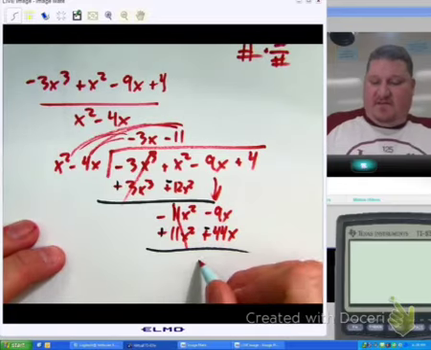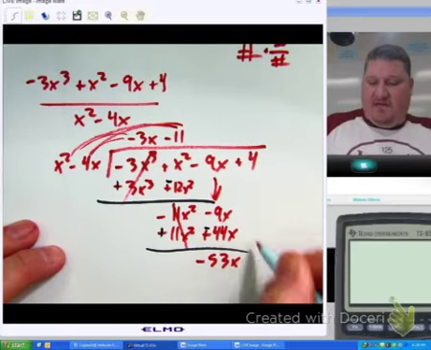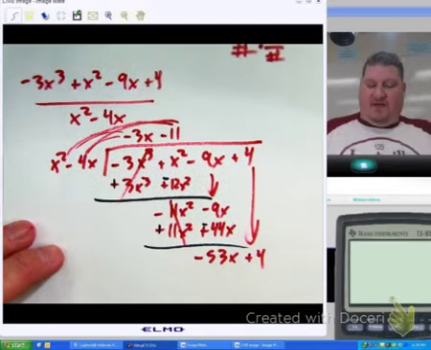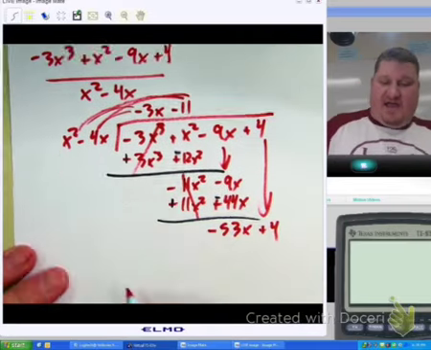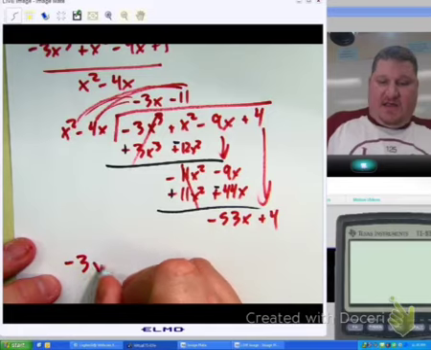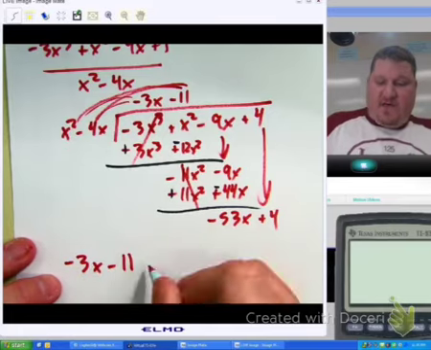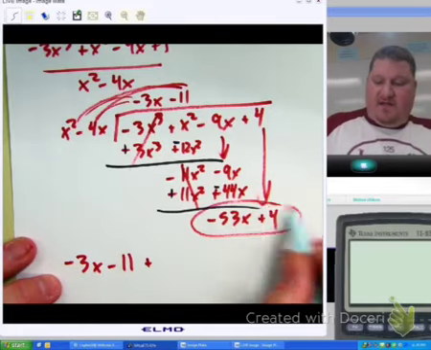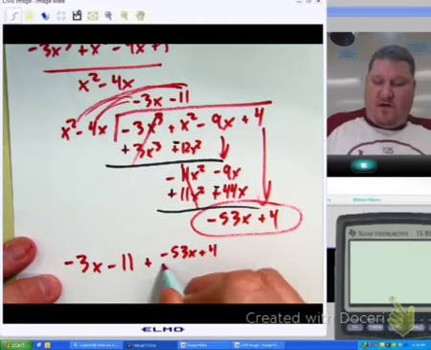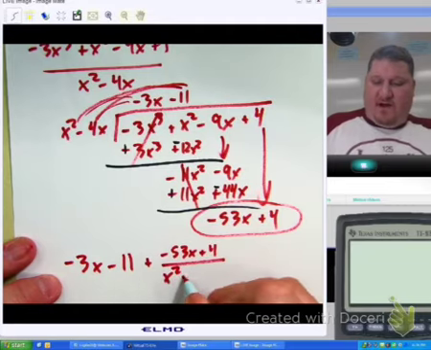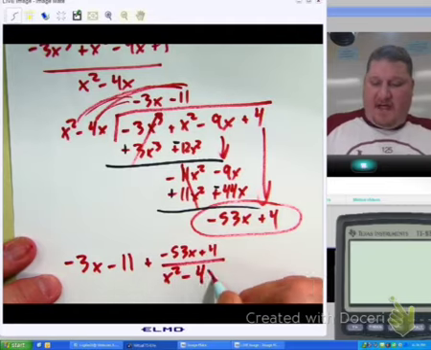This gives me -53x plus 4. Now, there's no way I can turn an x squared into an x, so what I have is -3x minus 11 plus the remainder, and that remainder is -53x plus 4 all over x squared minus 4x.